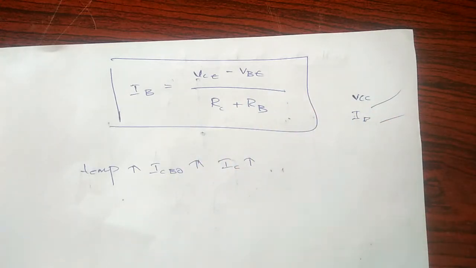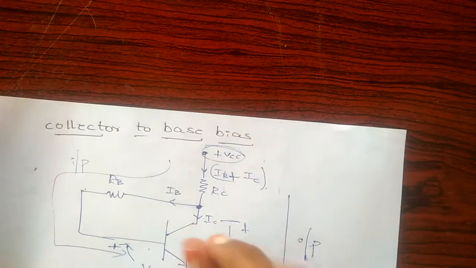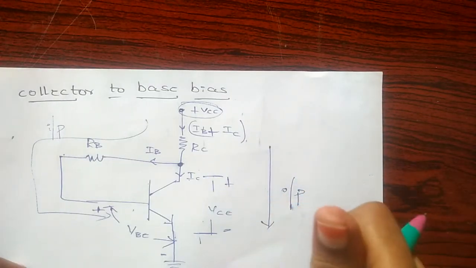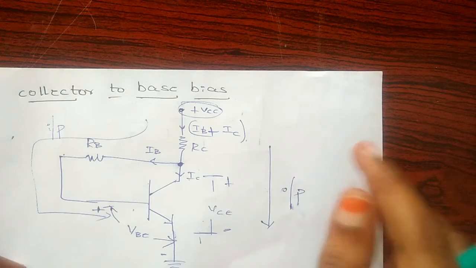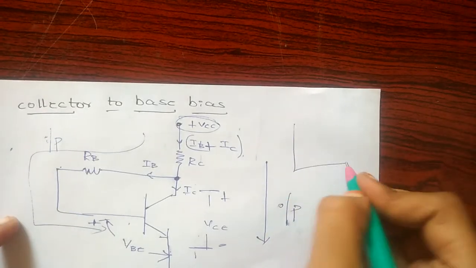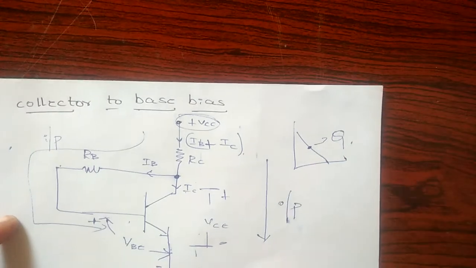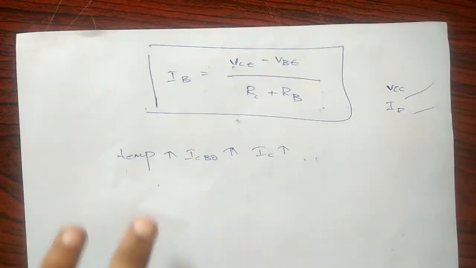But here we are talking about collector to base bias, where it has better stability, meaning it can stabilize the Q point in a better way.